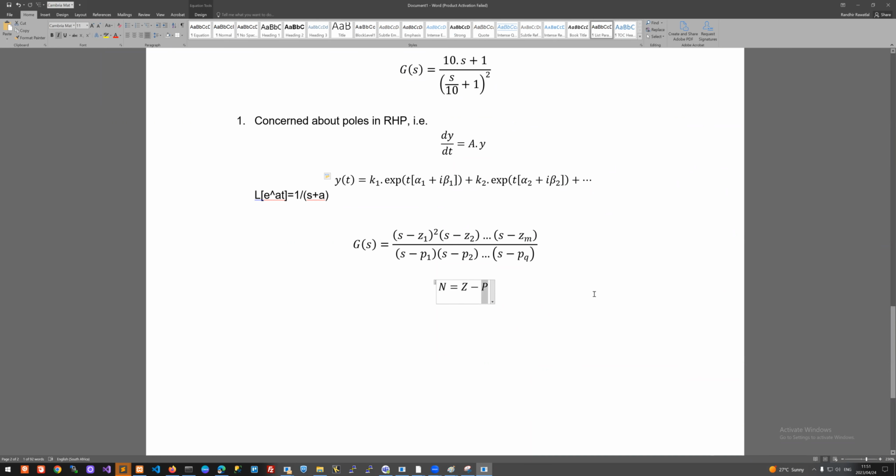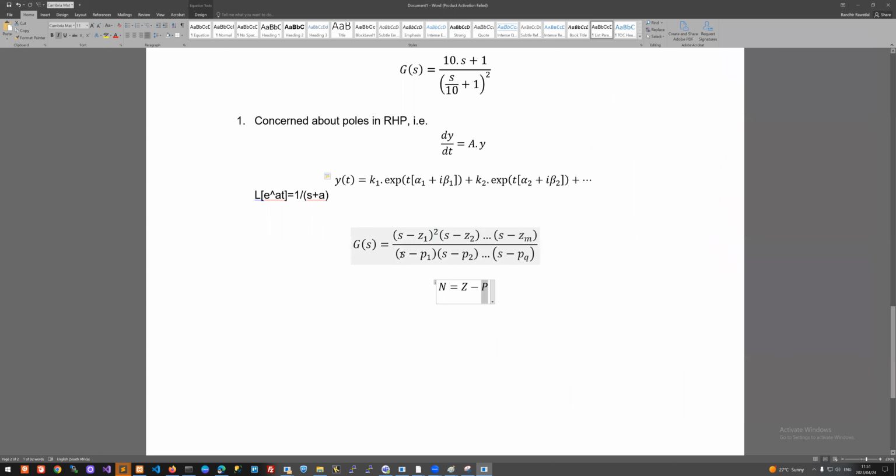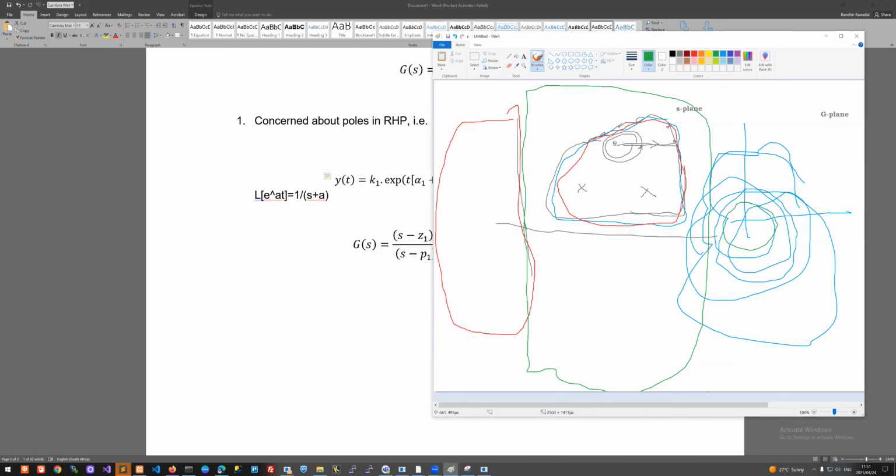We can also say that there shouldn't be any poles at all here, because we are requiring that the process is inherently stable, right? Inherent stability means that all these poles are sitting on the left-hand side, so we don't have any positive real parts.